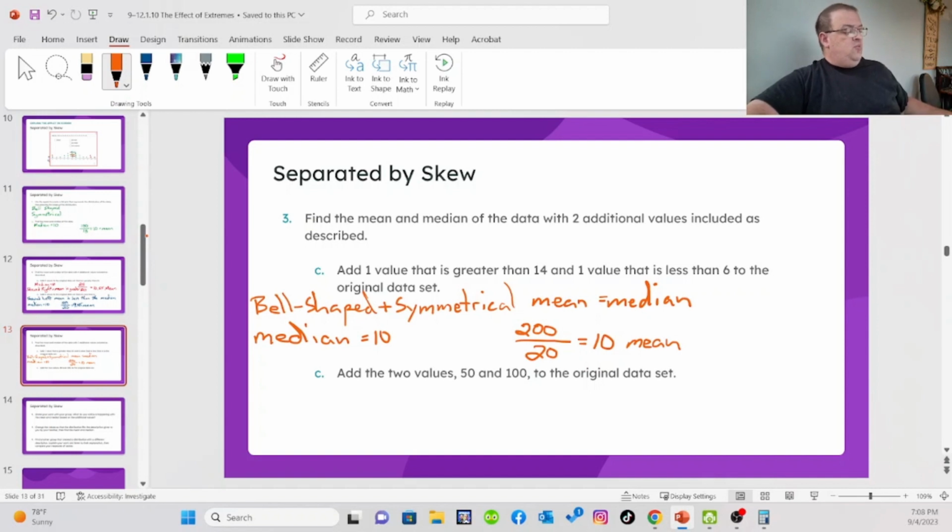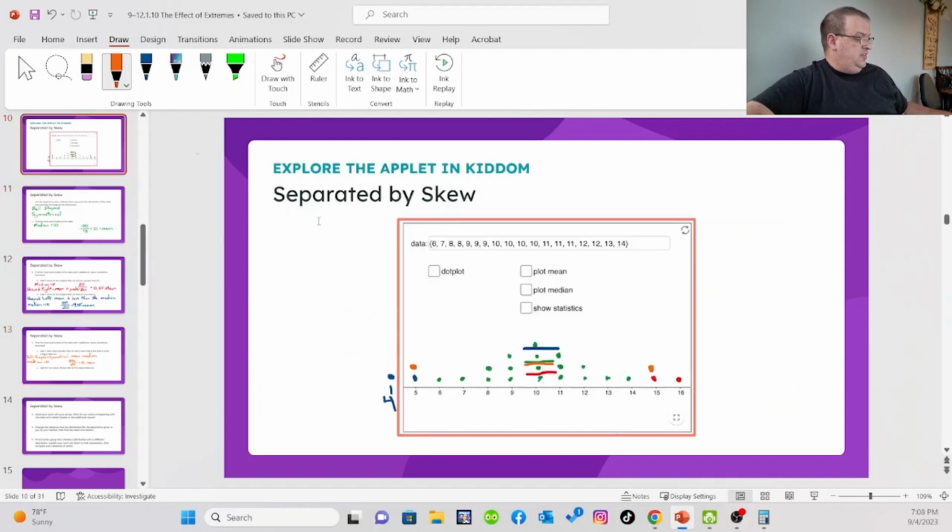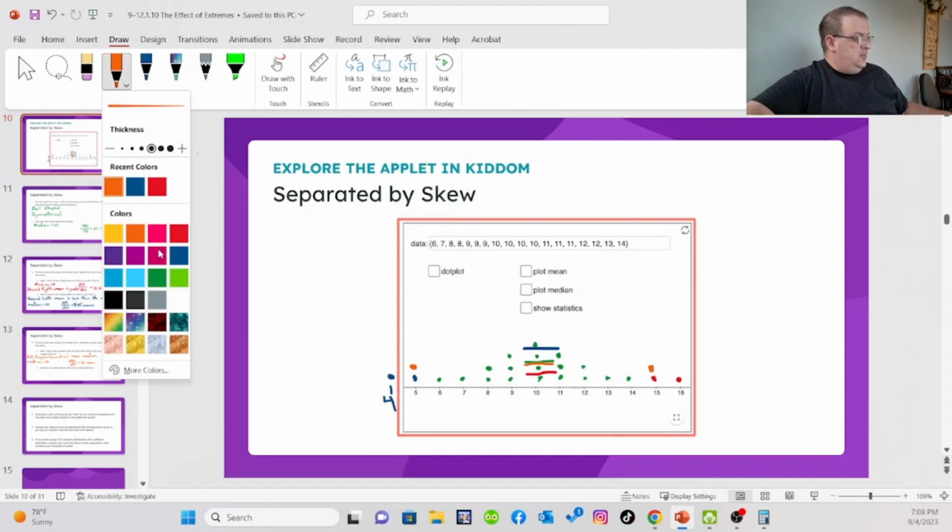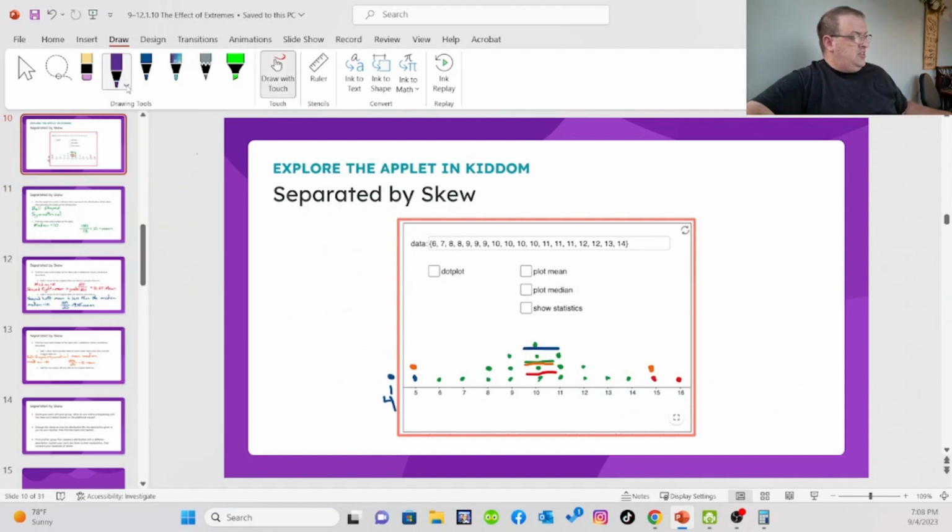And the last thing they want us to do here is add two extreme outliers, 50 and 100. So if I make these in purple, we're only looking at the green points and the purple points. And we're going to put one way out here at 50, and we're going to put one way out here at 100. So now we clearly have skewed right data because our outliers, our tail, is to the right.